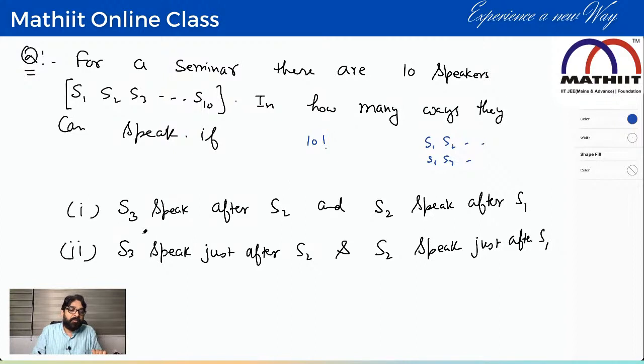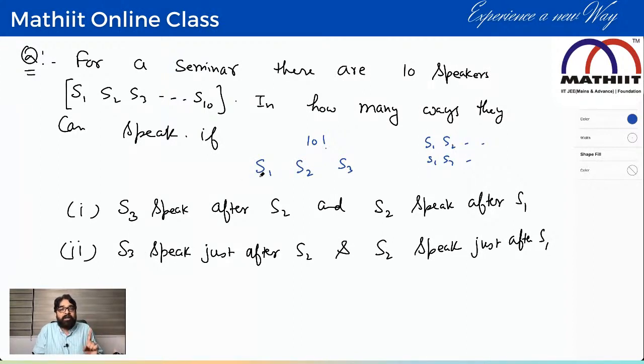Now, first bit, S3 speak after S2, S2 speak after S1. That means the order of speaking of S1, S2, S3 is like this, and this order should not change. Maybe before S1 somebody is speaking, I don't care. Between S1 and S2 somebody is speaking, I don't care.